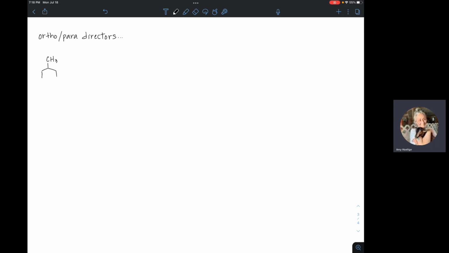So let's pretend we're directing to all three positions and look at the contributing resonance structures associated with each position that's been attacked. I'm going to just keep this to E+. That's our electrophile.